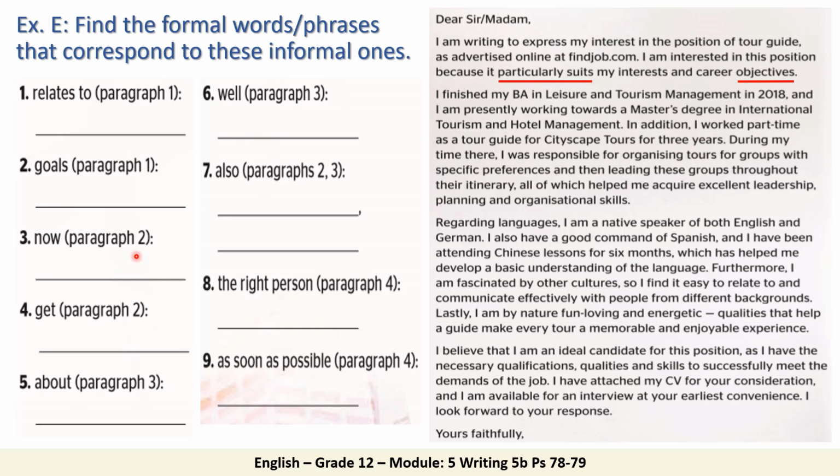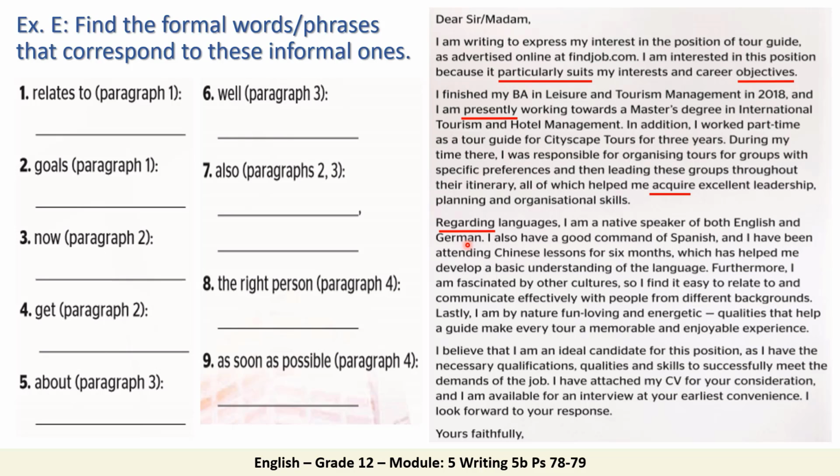Now "now" in paragraph 2 corresponds to "presently," right? And how about "get" in the same paragraph? "Get" is informal, whereas "acquire" is formal. How about "about" in paragraph 3? It corresponds to the formal one, "regarding."